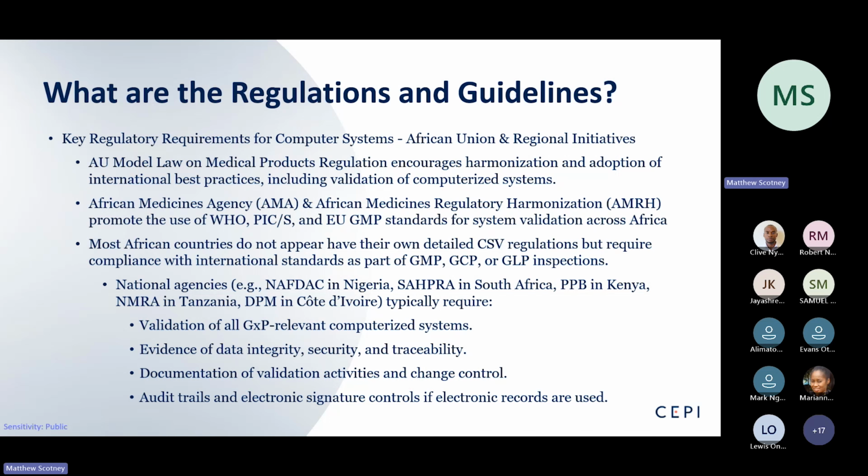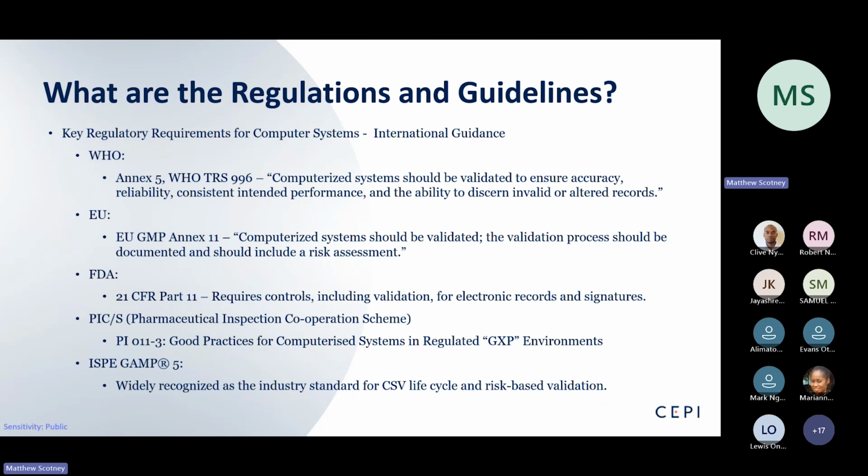And if we expand that a little bit, where do we get the requirements from? Where are we going to find out exactly what we should or should not be doing? There are a number of different areas. We talked about World Health Organization, we talked about the European Union, both of which have documents associated with the requirements for computer systems. If we look at WHO Annex 5, it says computer systems should be validated to ensure accuracy, reliability, consistent intended performance, and ability to discern invalid or altered records.